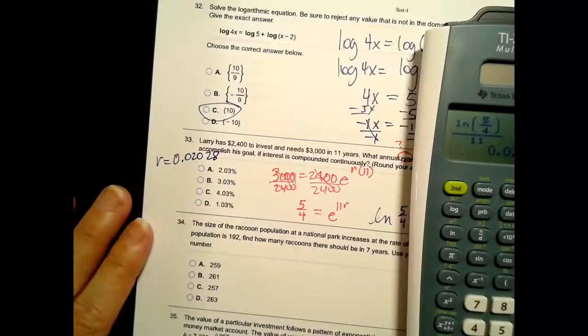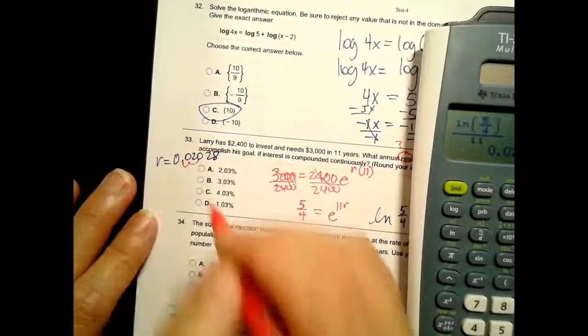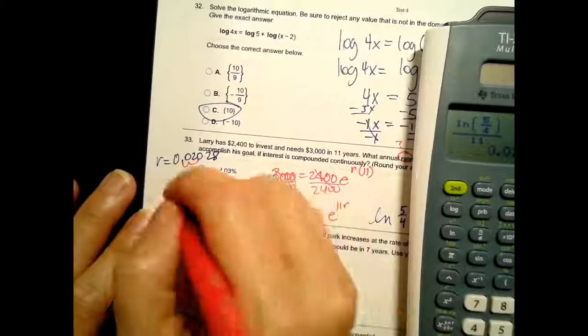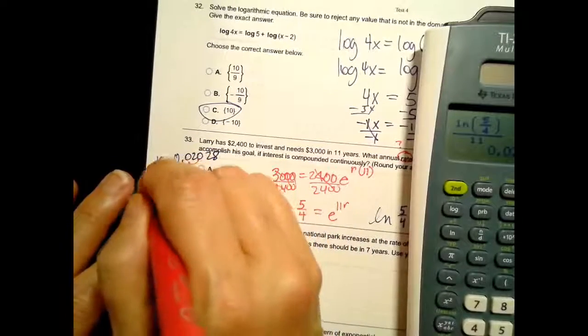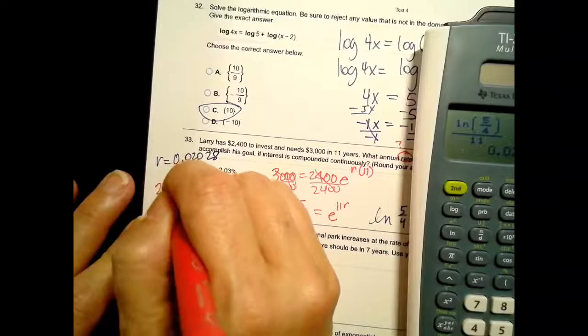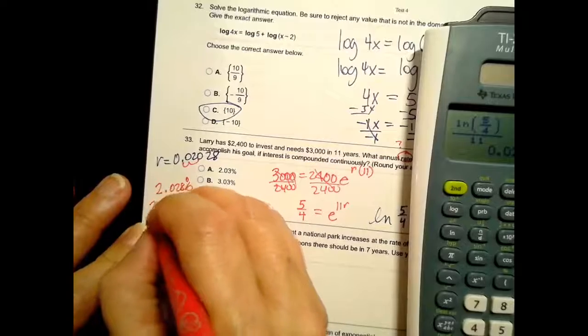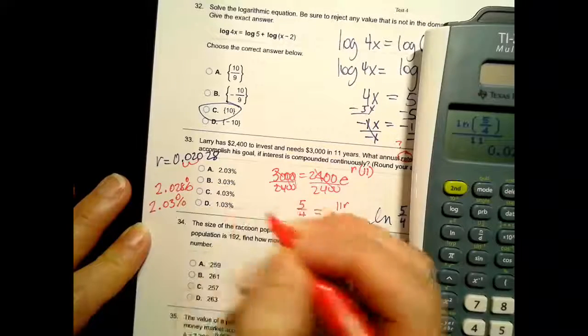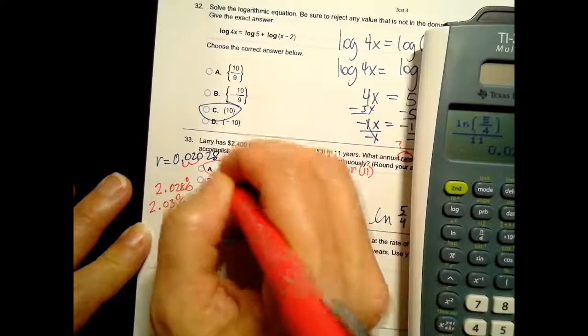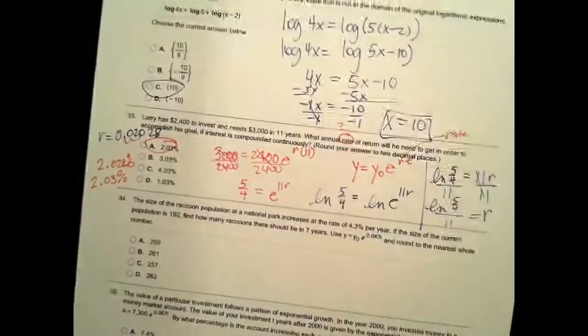Okay, now you want a percent, so you got to move the decimal point 2 places to the right, that gives you 2.028%, and it says to round it, so that's 2.03%. So the answer is A.